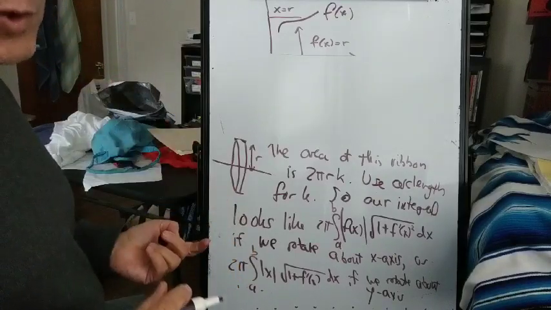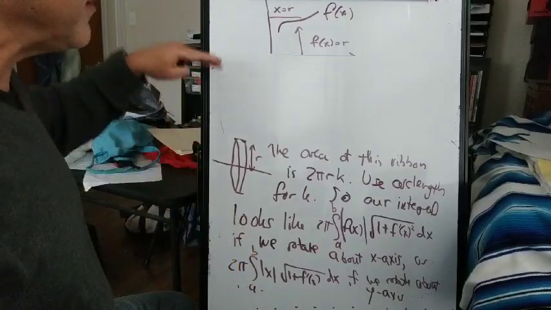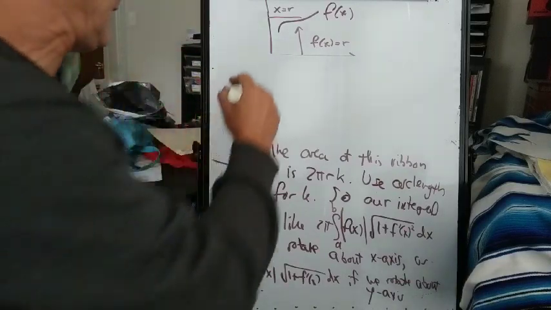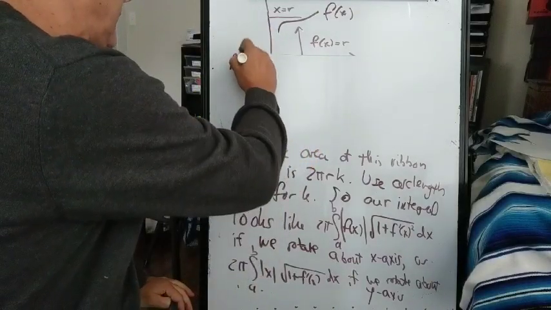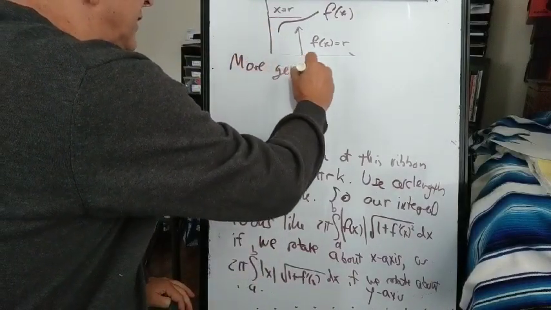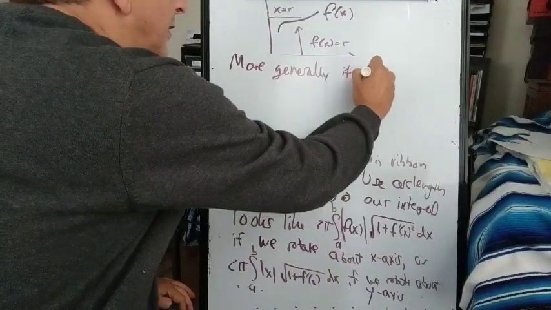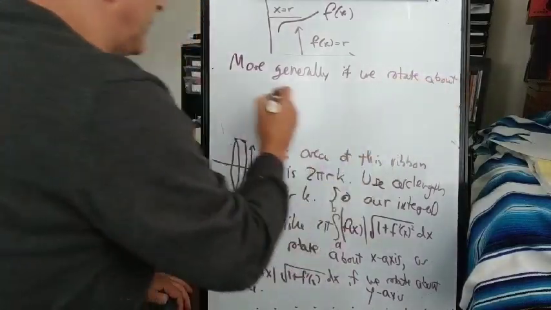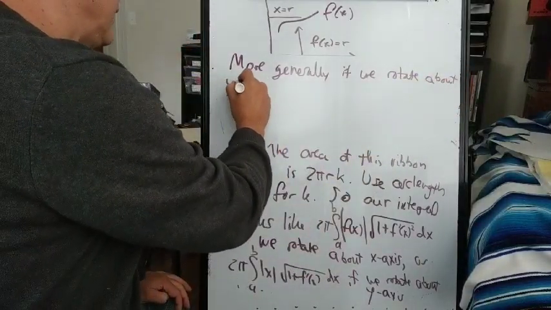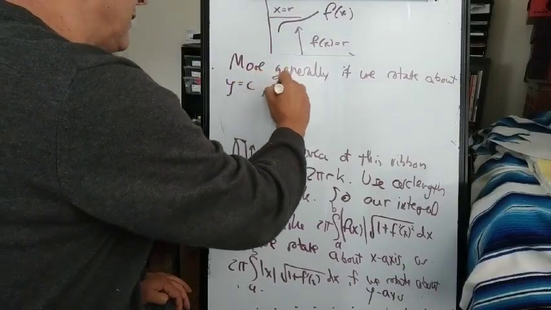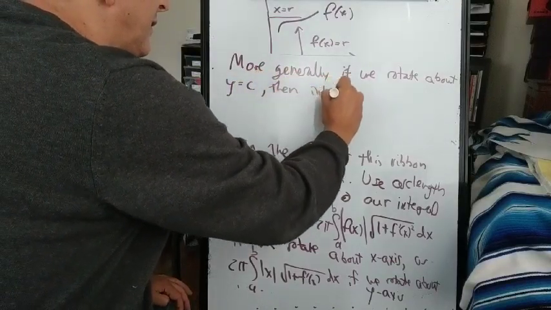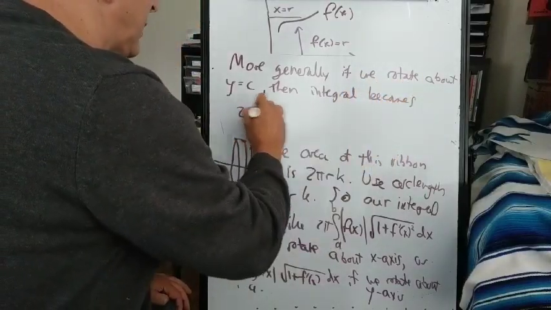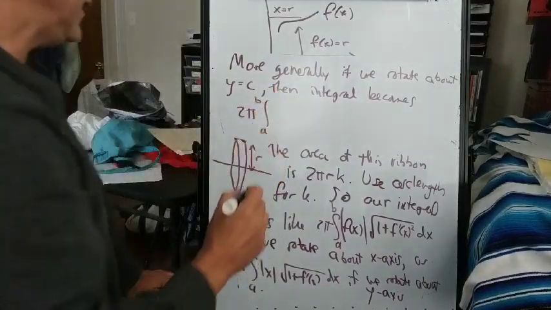And of course we could rotate around a horizontal line that's not the x-axis or a vertical line that's not the y-axis. So more generally, if we rotate about y equals c, then the integral becomes 2 pi, the integral from a to b.